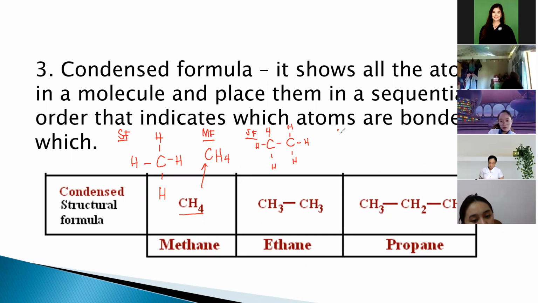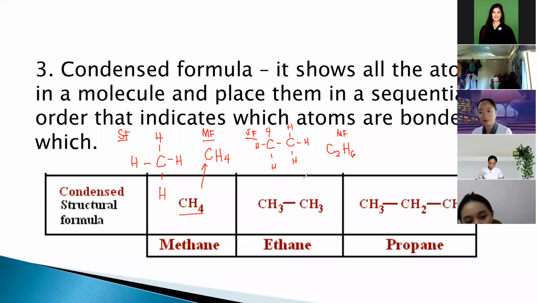For the molecular formula, you will just have the elements. So you have carbon, and how many atoms? 2. And for the hydrogen, how many? 1, 2, 3, 4, 5, 6. This will be the molecular formula of our ethane. But when it comes to the condensed formula, it goes like this.